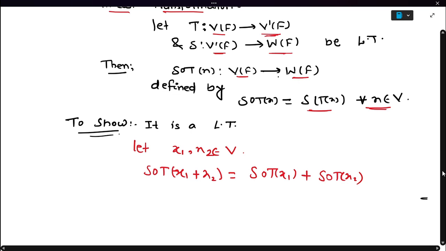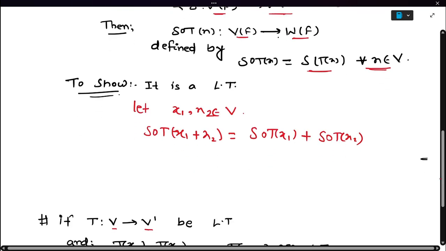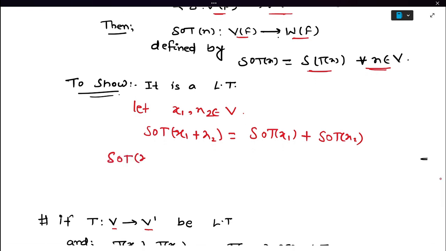We need to show this equality. So we can write S of T of x1 plus x2 equals S of T of x1 plus x2 by definition of composition.